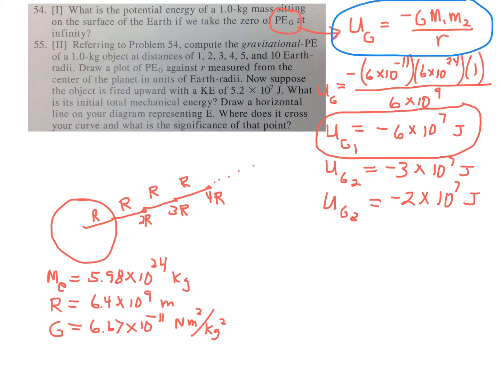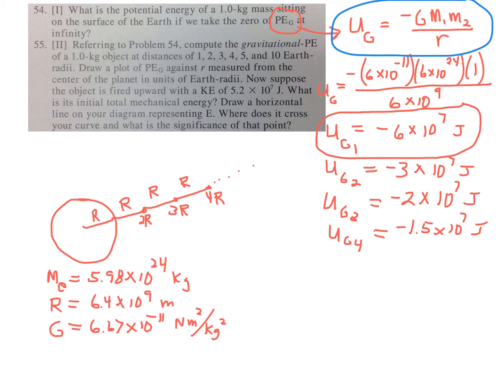So if I keep going here, U sub G4, which will be 1/4 of the 6, which would be basically negative 1.5 times 10 to the 7th joules, and so on and so forth.